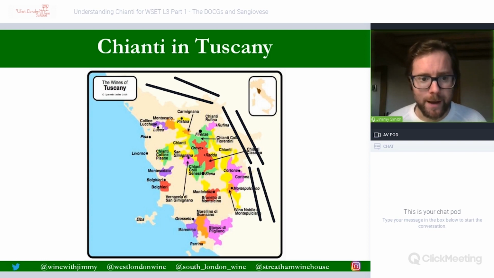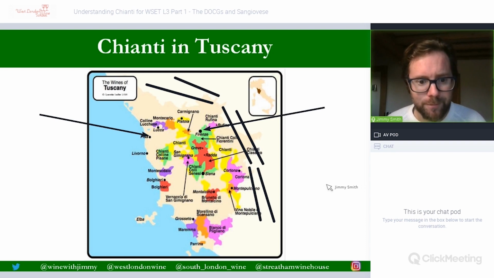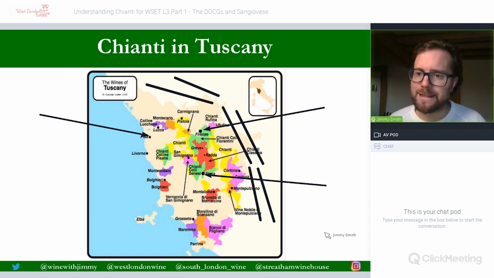And the cities, so let me just point these out for you. You will see that we have Pisa, which is a little bit too towards the coast on this map, Florence, which is just here, or Firenze, and then Siena. Most of Chianti's regions lie somewhere between these 3 cities. Pisa, famous for the Leaning Tower.